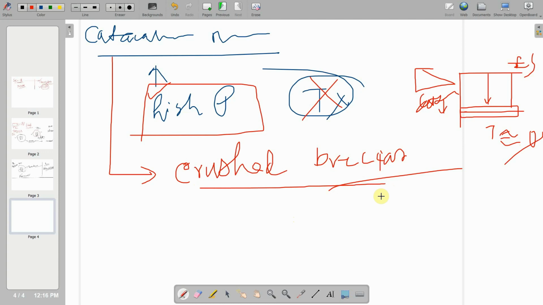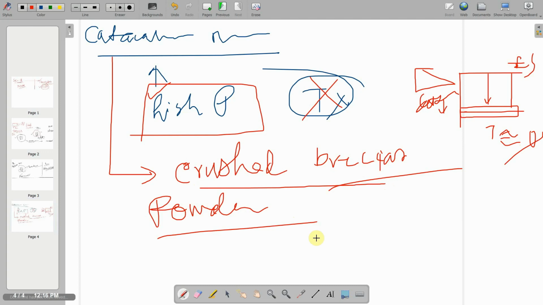These rocks are formed mainly under the influence of higher pressure, and harder constituents of rocks are broken into pieces while the softer ones are crushed into powder. So this type of structure is called cataclastic structure.